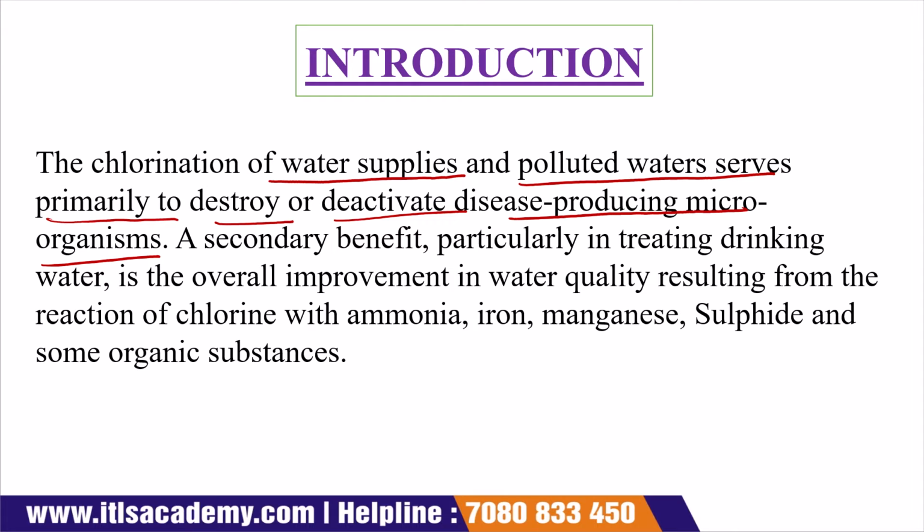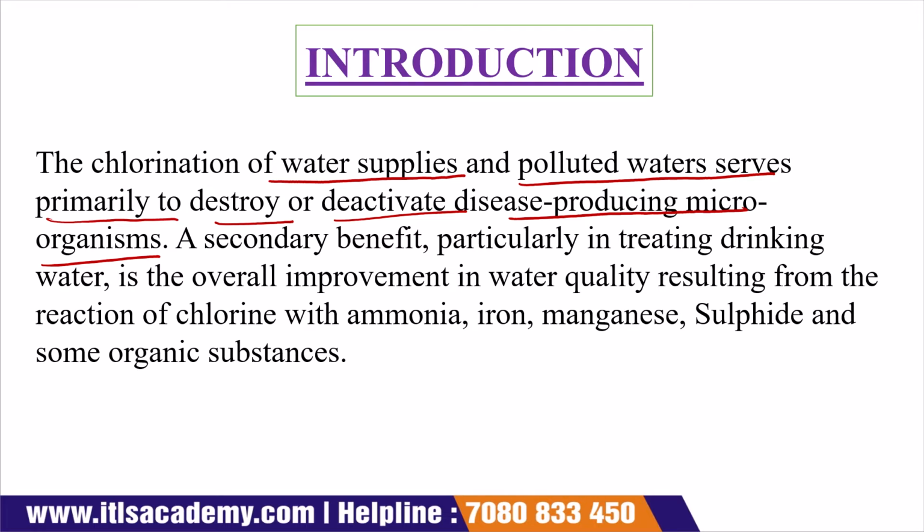So the main aim of chlorination is to destroy or deactivate the disease causing microorganisms, and this chlorination is done to water supplies and polluted water. But for both of them, the aim is the same: we have to destroy or deactivate the disease causing microorganisms.